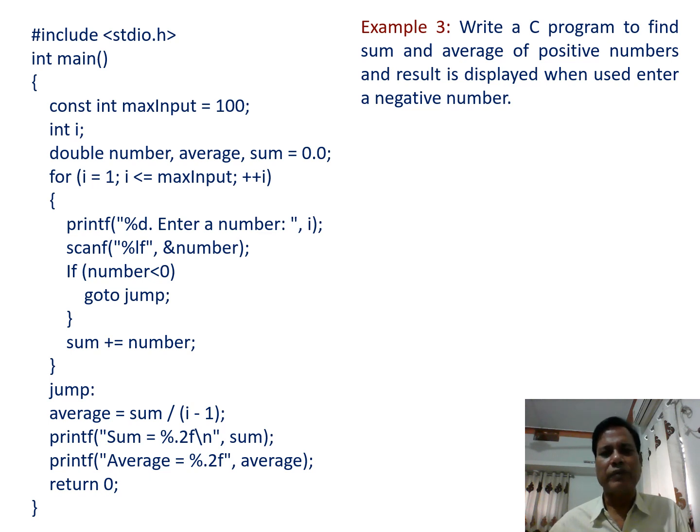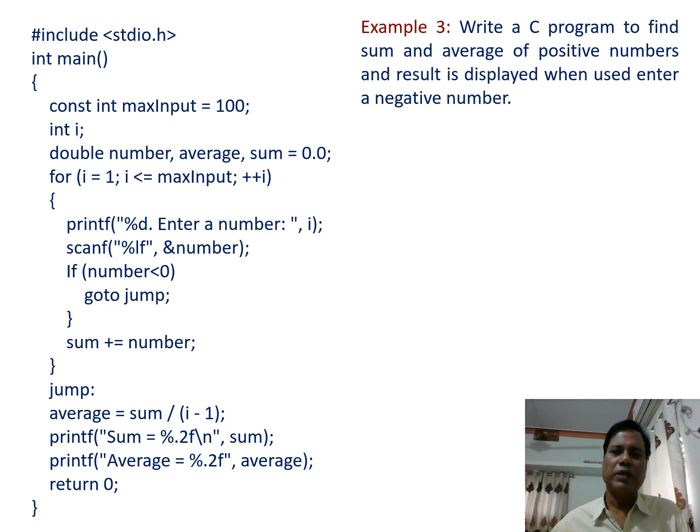So in this way, however many numbers we want to add, they get added using the for loop. And whenever we want to exit the for loop, we enter a negative number.